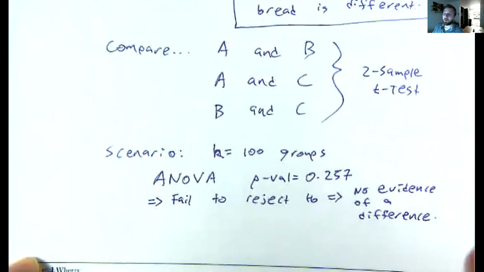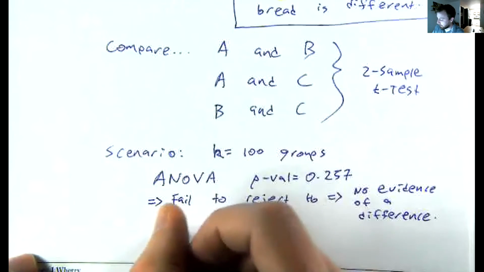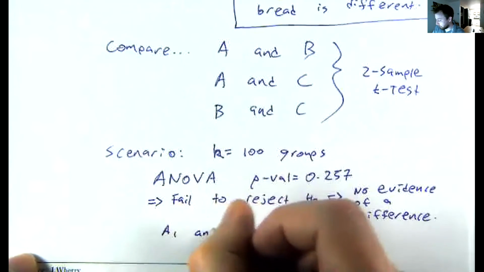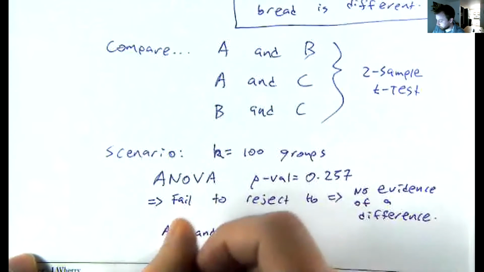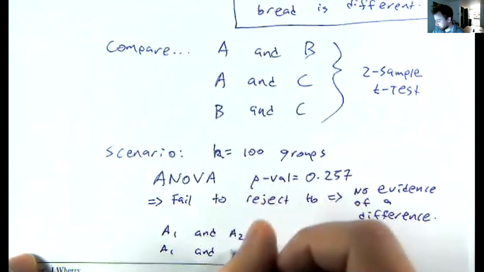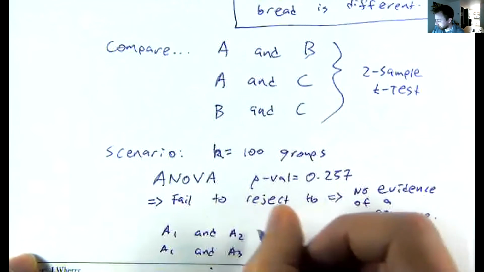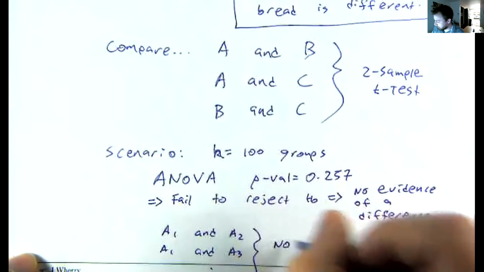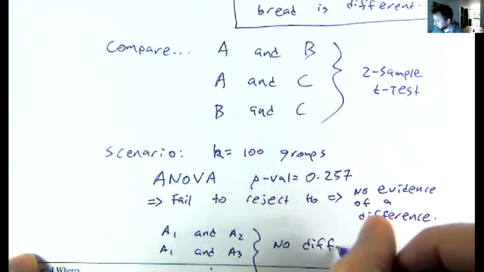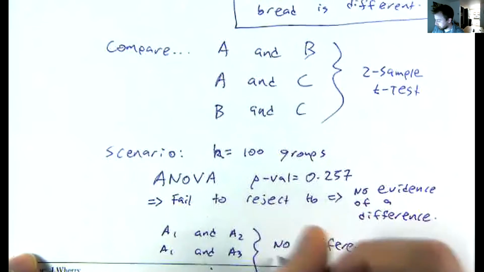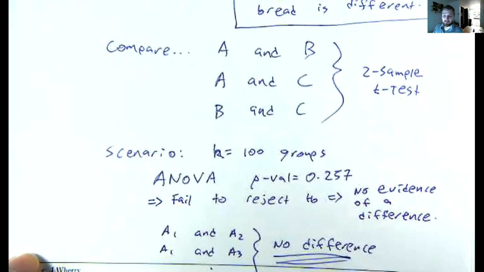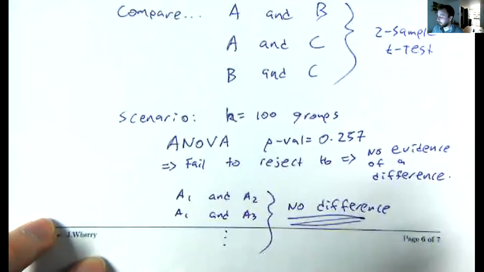And if I fail to reject the null hypothesis, there's no evidence of a difference. In other words, if I were to do the comparison of A1 first group and second group, first group and third group, and so on, I would expect no difference for any of these comparisons. So how many tests did I just avoid doing by doing Anova to essentially determine if I should do a follow-up or not?